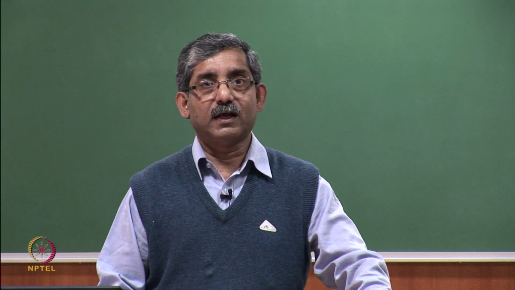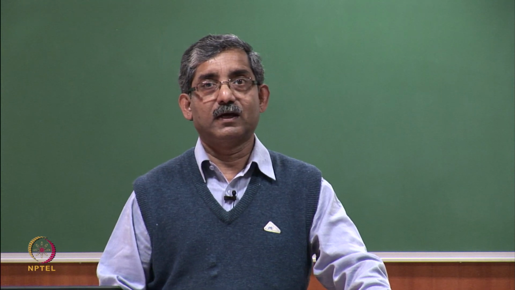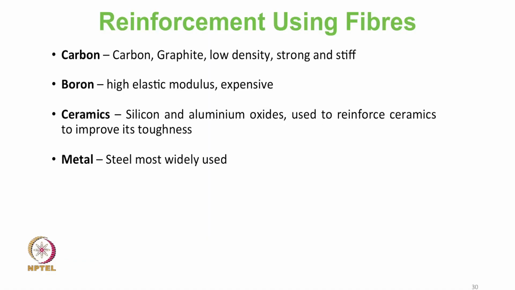Ceramic fibers like silicon carbide and aluminum oxide are also used. They have high elastic modulus and can be used to strengthen low density, low modulus metals such as aluminum and magnesium.